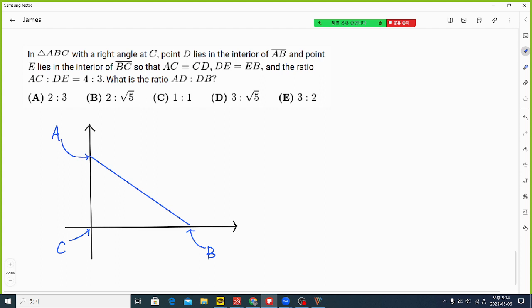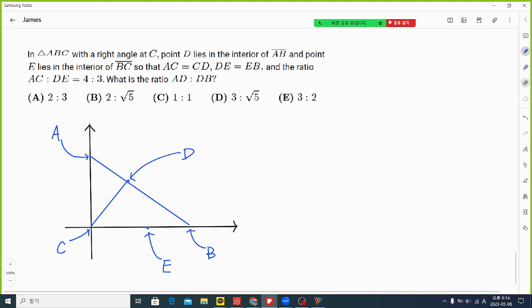D lies in the interior of AB. So D is somewhere here. And point E lies on BC. Okay, and AC is equal to CD.